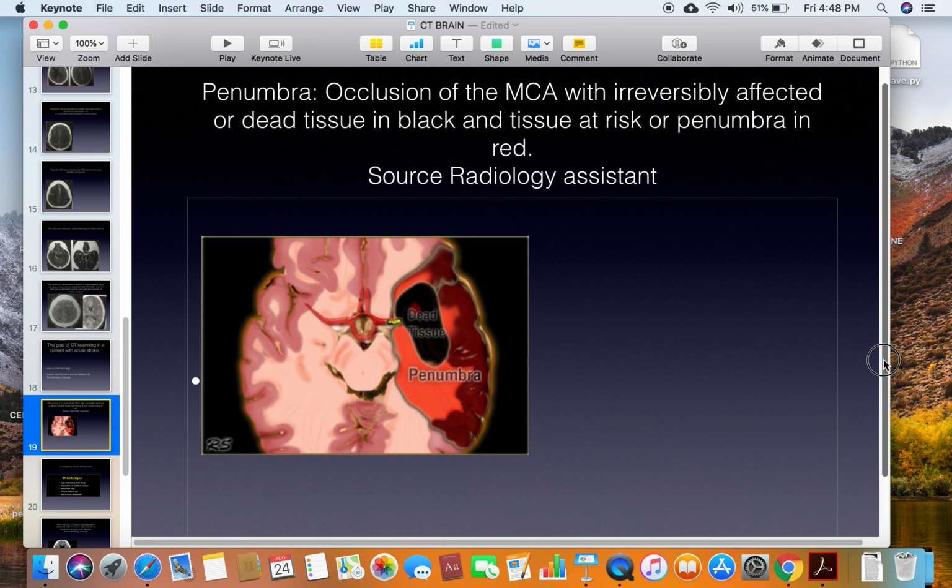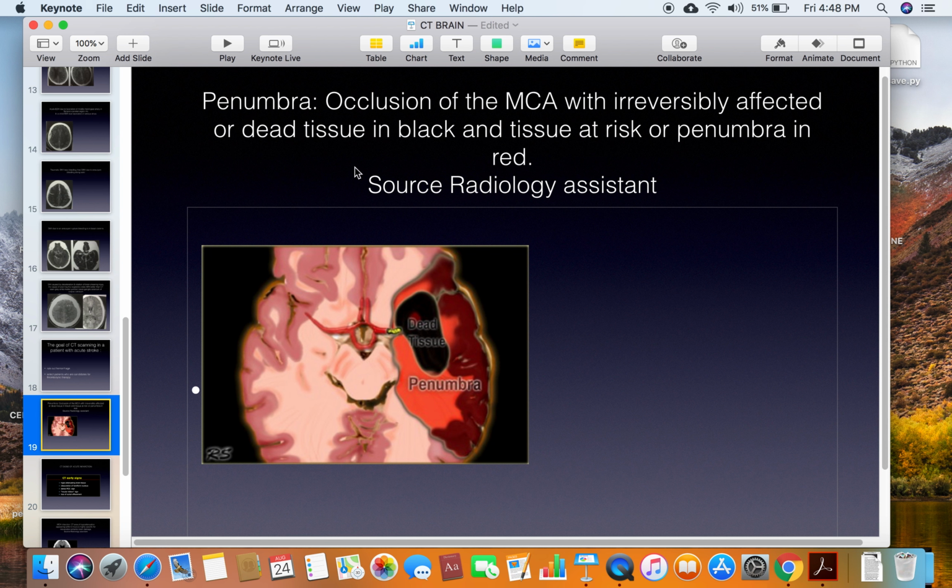And I want to introduce a concept about penumbra. My source of this slide is the radiology assistant. So here we are showing the middle cerebral arteries, MCA, and you see that there is occlusion of the left MCA, or middle cerebral artery. Now, the black area is the area where there is an acute infarct.